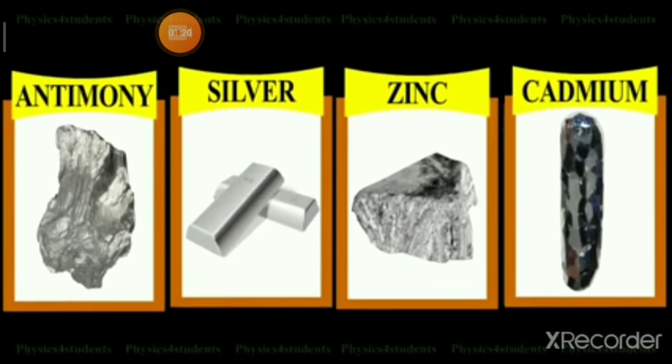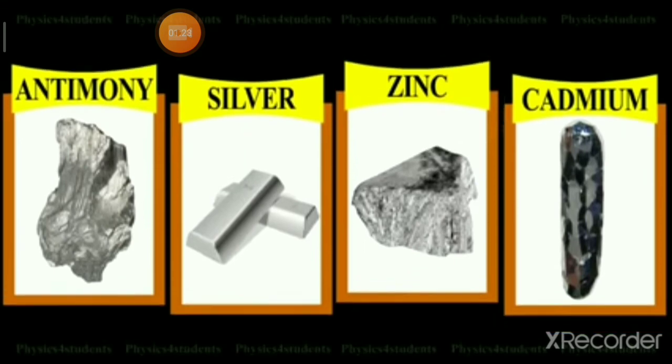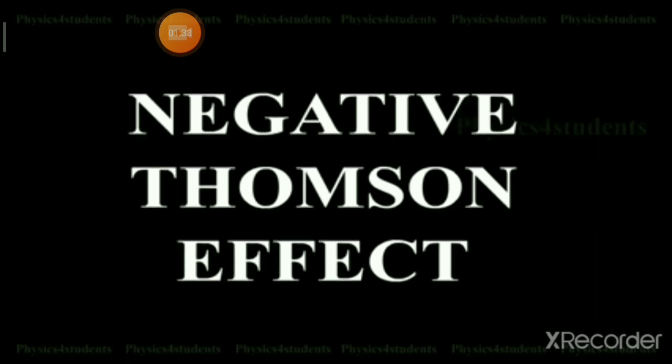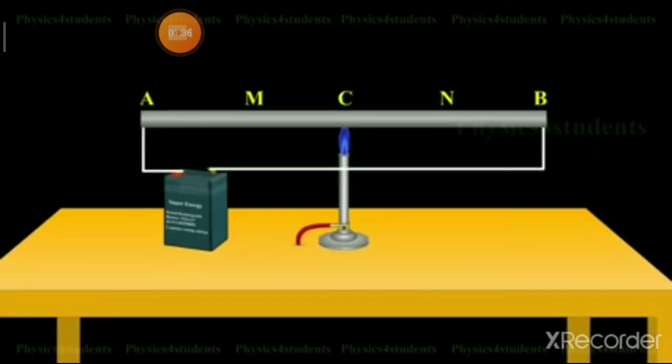Now the direction of the current changes. What happens here? When the current is passed from B to A, M will show a higher temperature as compared to N. Next, the negative Thomson effect.